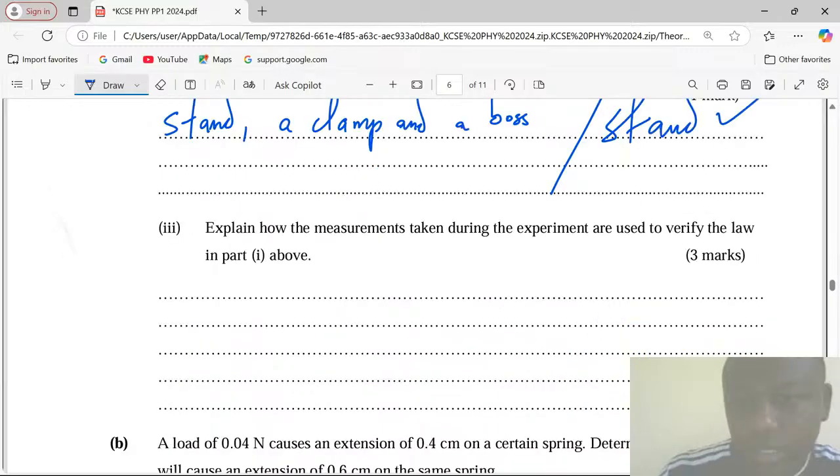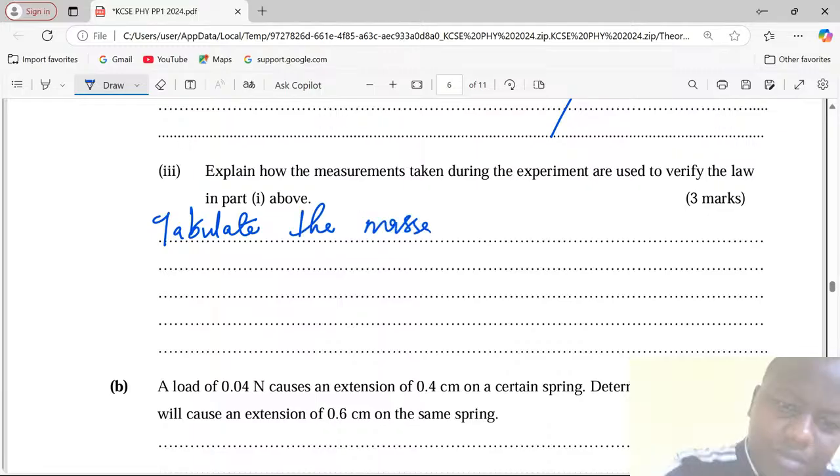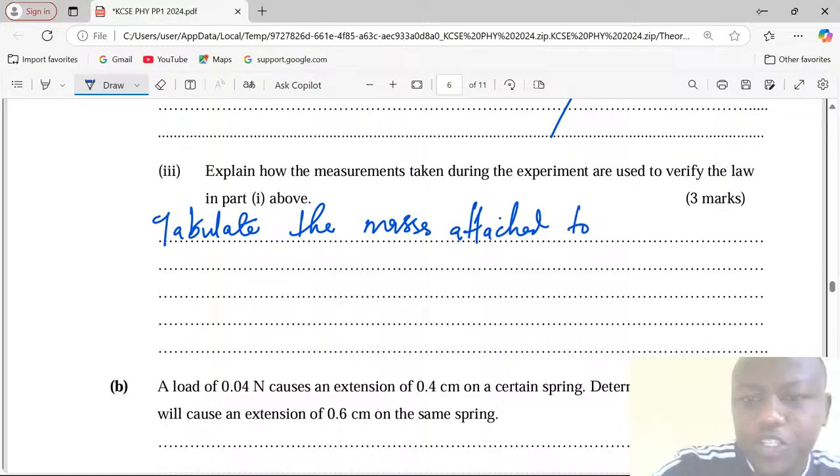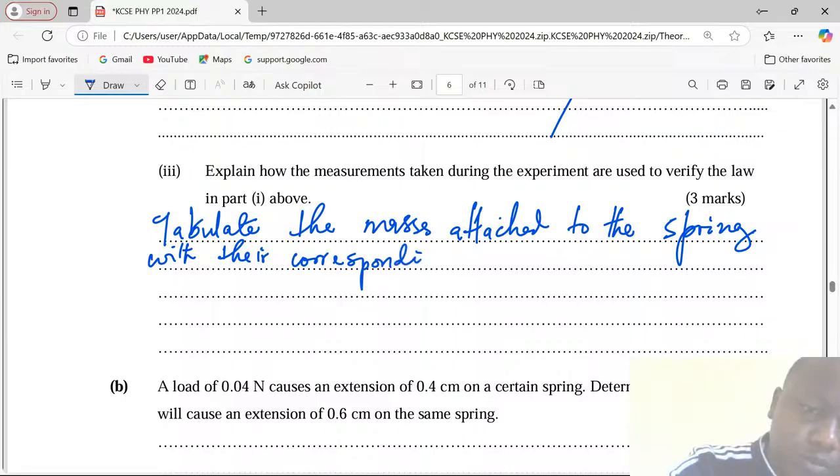Therefore, we need to tabulate the masses attached to the spring with their corresponding extensions.